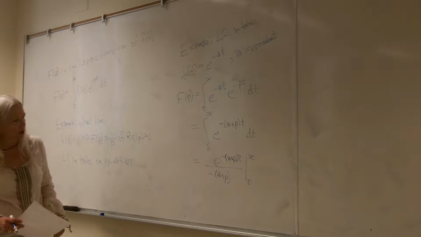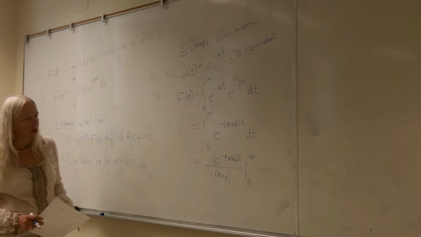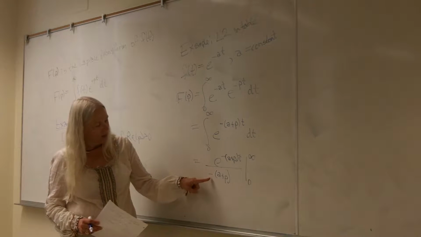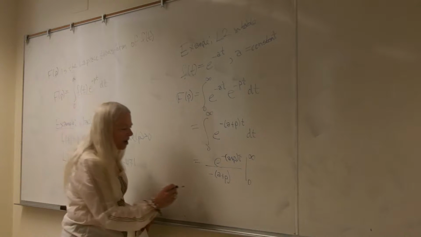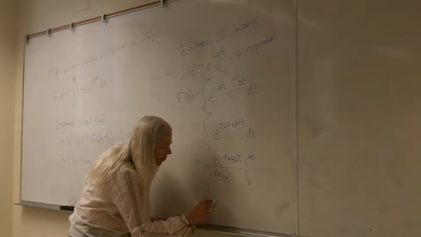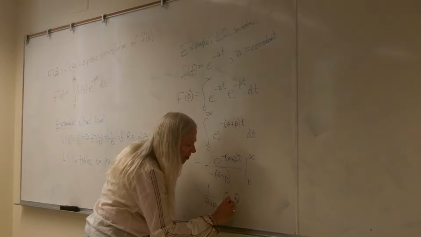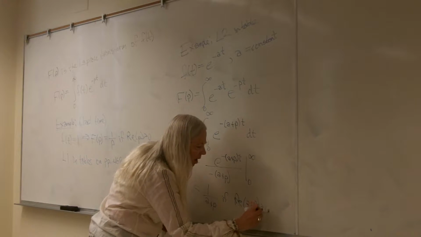So we get 0 from the upper limit, 1 from the lower limit, but since it's a lower limit, we subtract the 1, the minus sign on it will cancel with the minus sign up front of the a plus p. So the result will be just 1 over a plus p. Again, if a plus p is positive, or better yet, if the real part of a plus p is positive.